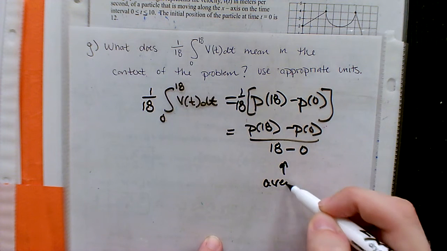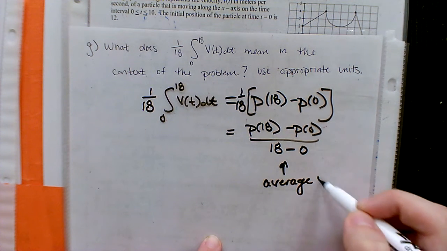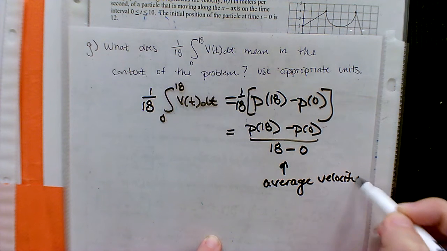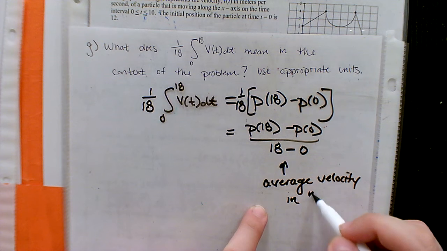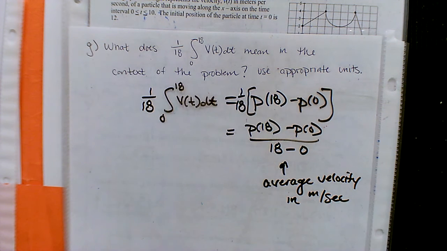This is your average velocity. If you find 2 points on position and find the slope, that's your average velocity, just like the last question we did with average acceleration. If you find 2 points on velocity and find slope, that's going to give you average acceleration. So this is your average velocity in meters per second.